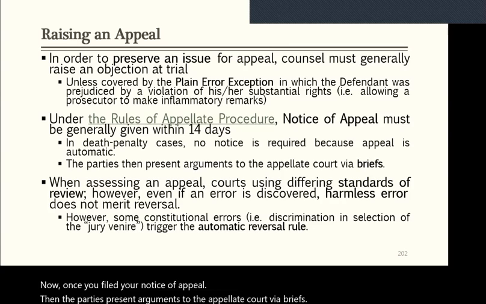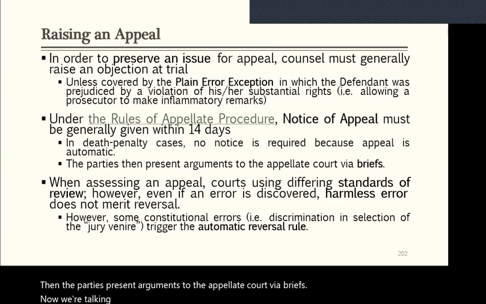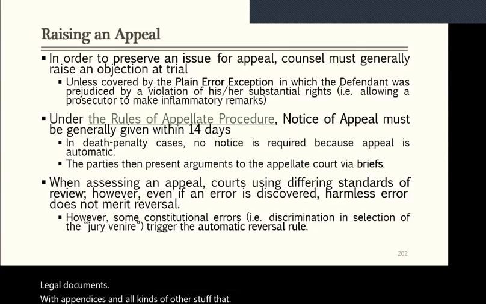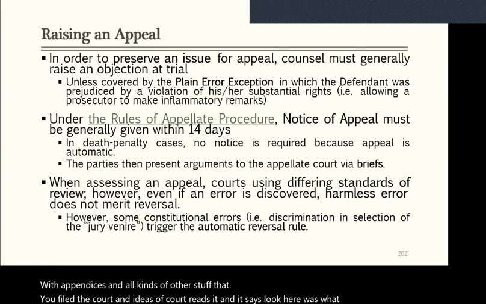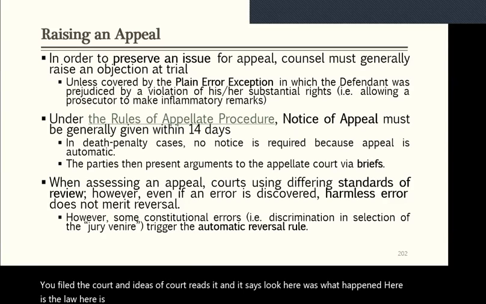Now, when we're talking about briefs, we mean 50-page legal documents with appendices and all kinds of other stuff that you file with the court, and the idea is the court reads it and it says, look, here was what happened, here's the law, here's why what happened isn't jiving with the law. And because of this, you have to reverse the conviction, right? So that's what a brief is.